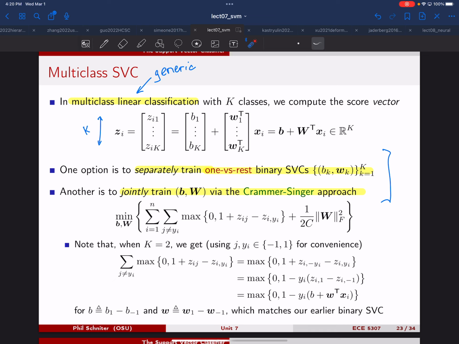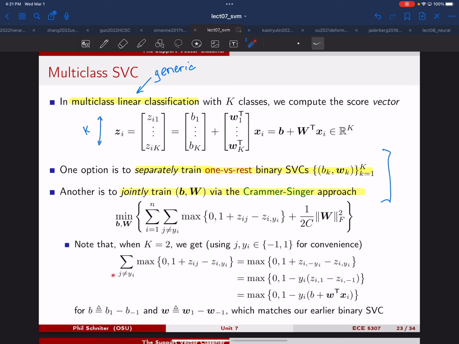And I know it doesn't make a terrible amount of sense to say, like, what's the negative 1th index, but just think of these as numbers. Instead of j being 1 through k, j is either 1 or minus 1, and yi is 1 or minus 1. Okay, so if we do that, we're going to focus on this inside term here. That's what this is.